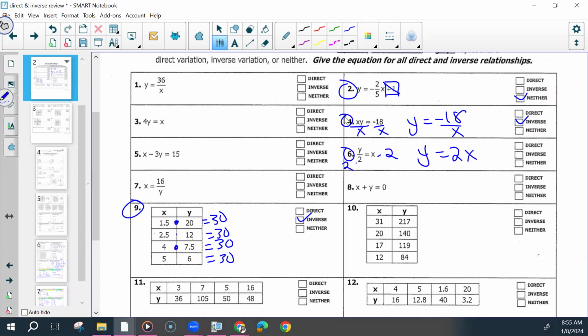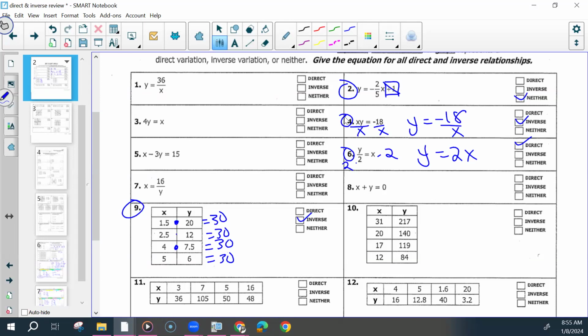And this would be direct, inverse, or neither. Inverse looks like this. So it's direct.